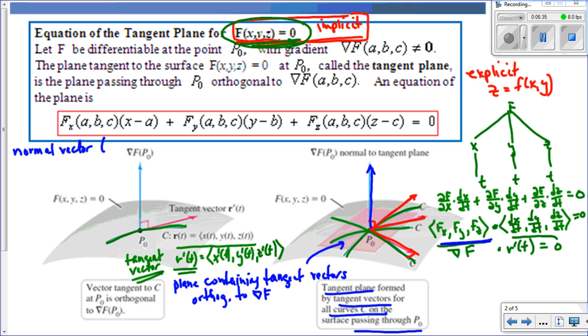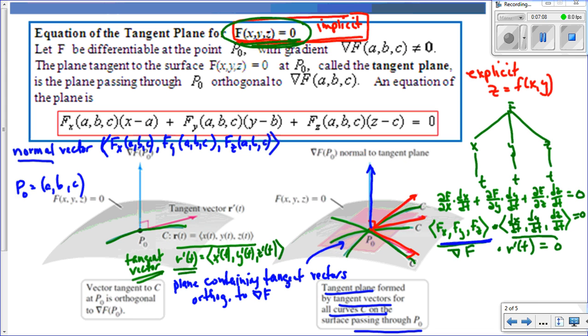So that normal vector will be the vector given by the partial of f with respect to x at (a, b, c), the partial of f with respect to y at (a, b, c), and the partial of f with respect to z at (a, b, c). So that's our normal vector. The point P naught is the point (a, b, c).